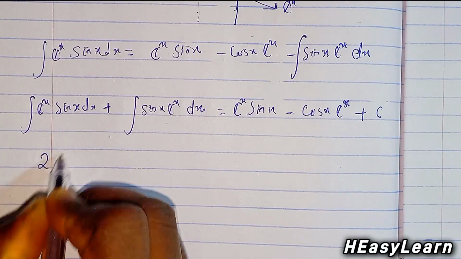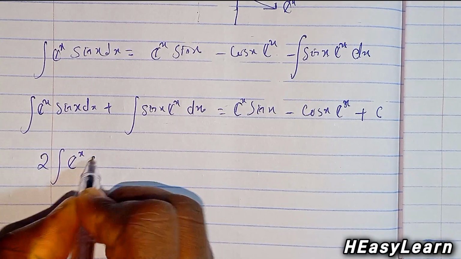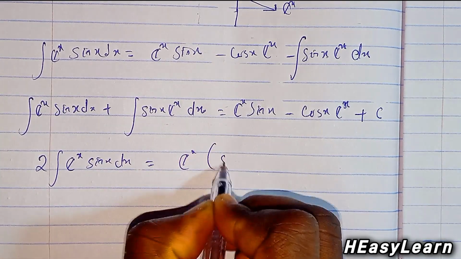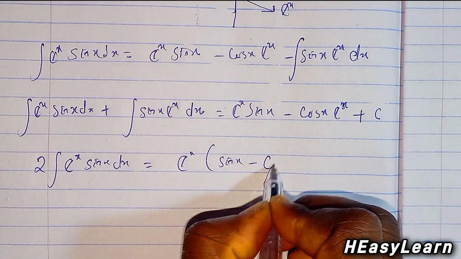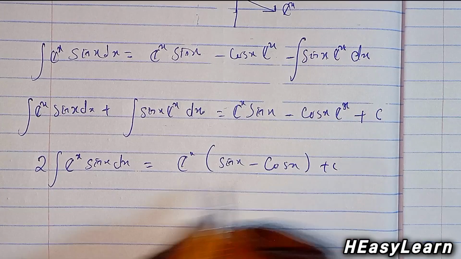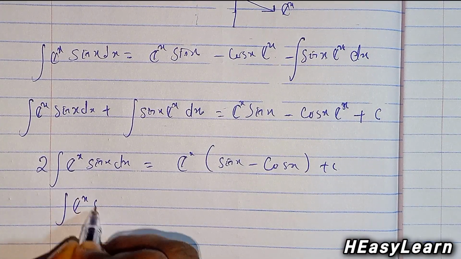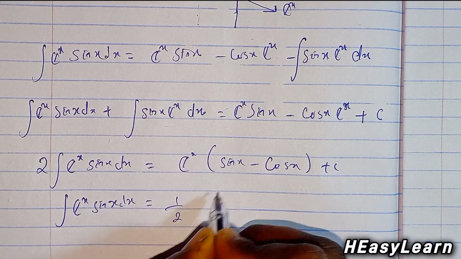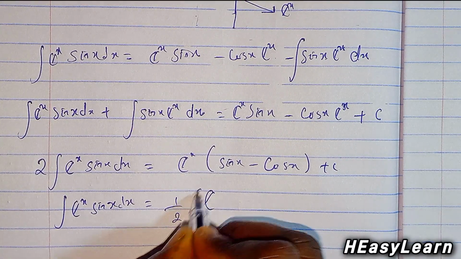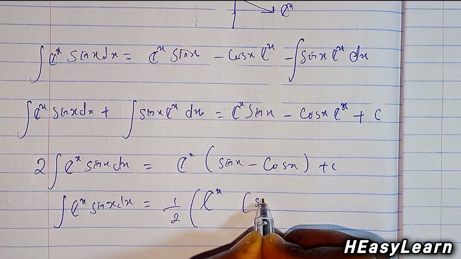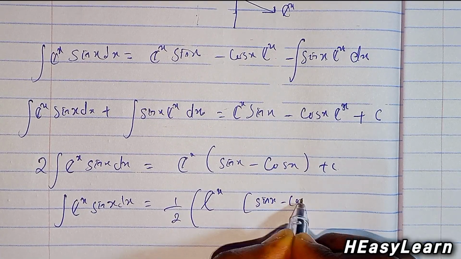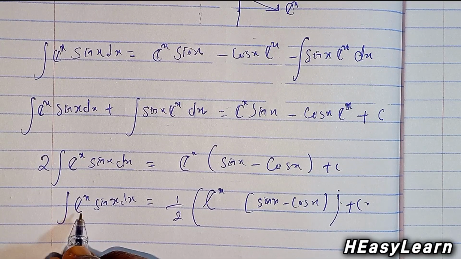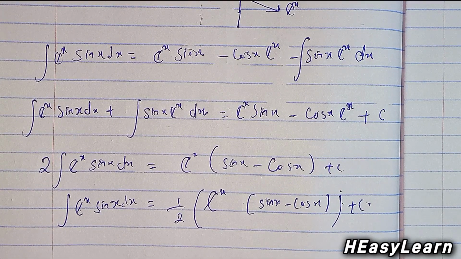This is going to be twice the integral of exponential x sine x dx equals exponential x, which is common, sine x minus cos x plus c. We have the integral of exponential x sine x dx equals half exponential x sine x minus cos x.